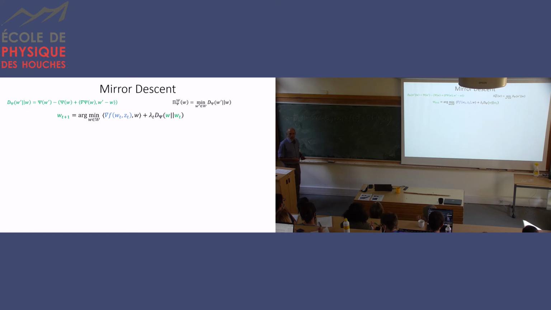And we want to solve this for w. So how can we solve this for w? We can write that the gradient of psi of w is equal to the gradient of psi at wt minus this gradient.